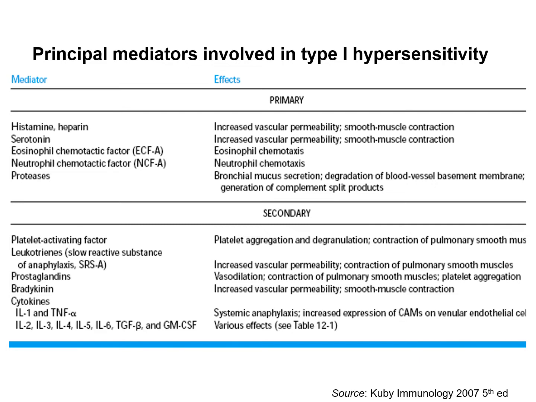And proteases, which can cleave proteins. For example, one effect is bronchial mucosecretion. So that will make the reaction even worse when there is difficulty of breathing. And other results like blood vessel basement membrane degradation and complement split products.